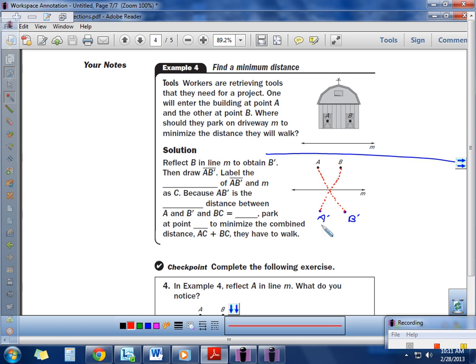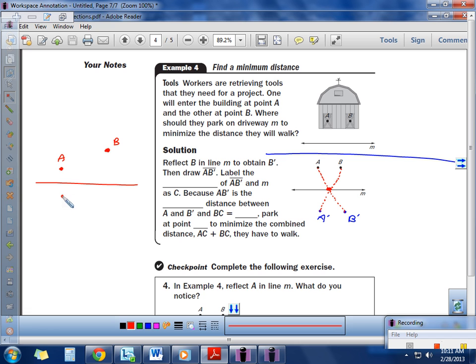And if I had a ruler, it'd be nice and clean. But once you connect those opposite points, they will intersect on that driveway. And that's where they should place the tools. This works also if one is close and one is far from the driveway.